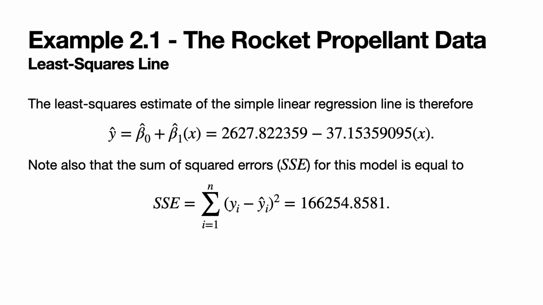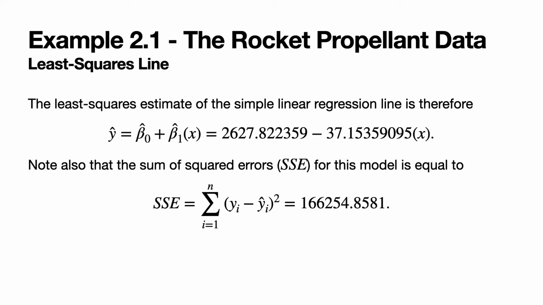So the least squares estimate of the simple linear regression line is y hat equal to beta 0 hat plus beta 1 hat times x, and that's equal to the line 2627.822359 minus 37.15359095 times x. Note also that once we have this prediction formula, this estimated regression line, we can calculate the predicted values of y at each value of x.